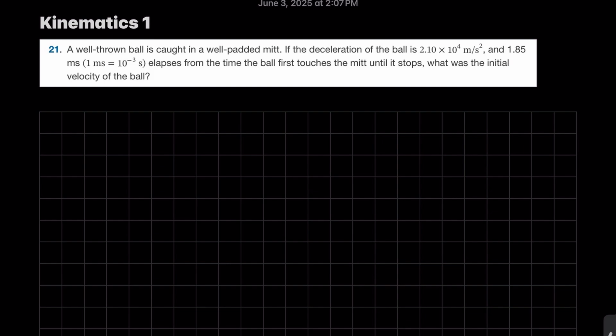Okay, so there's a ball that has been thrown and it's caught by somebody with a mitt. Presumably this is like a baseball game or something like that. But the particular details of the ball and the mitt, that's not really that important. The big picture is there's an object, the ball, and it's being stopped by something else, the mitt, right?